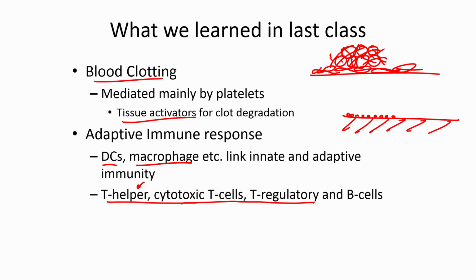T regulatory cells check these types of cells and make sure you are not activating against your self antigen, because you do not want your immune system to start damaging your own tissues. And B cells are responsible for production of antibodies, which tag or directly neutralize whatever toxin or pathogen might be present in the system.